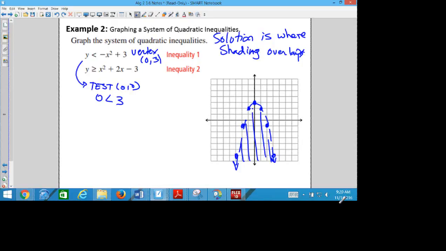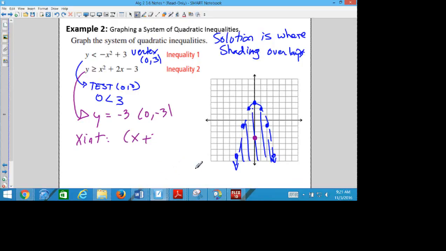We've already spent a lot of time going through all the steps on the other ones. The second one, the y-intercept, is at -3. This one factors, so I can do the x-intercepts.